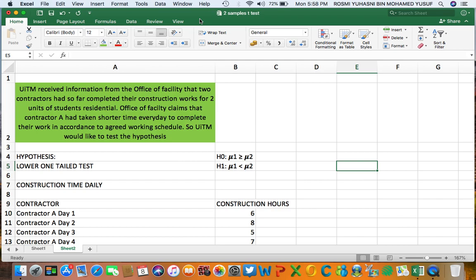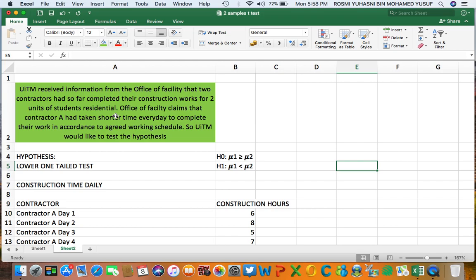Let's try a simple calculation on two sample t-test. The situation is: UITM received information from the Office of Facility that two contractors had so far completed their construction works for two units of students' residential.